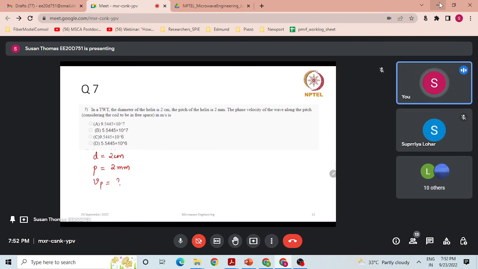If you have gone through the lectures, you might have probably come across the equation: Vp is equal to P into C divided by root of P square plus (pi D) the whole square. Where P is the pitch, C is 3 into 10 power 8 meter per second, and D is the diameter of the helix.